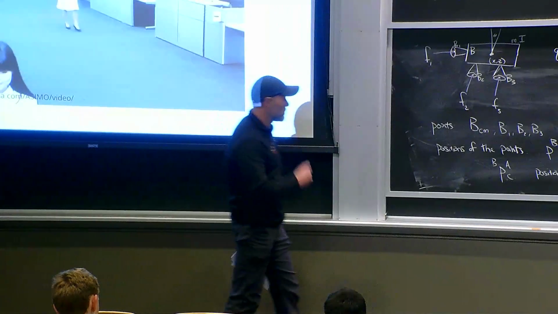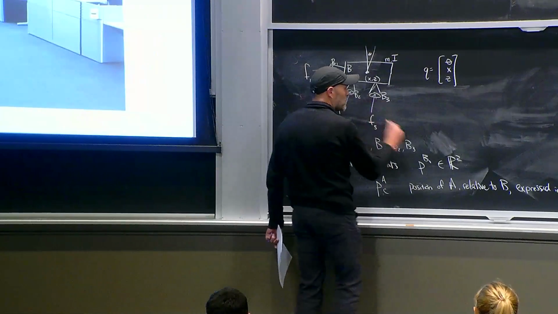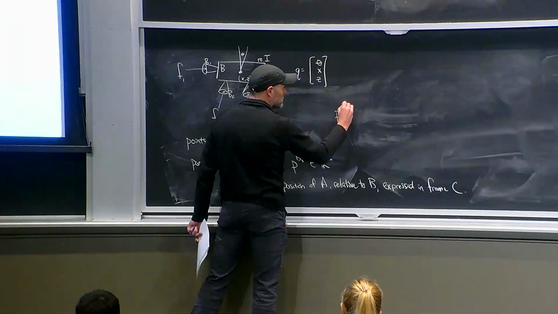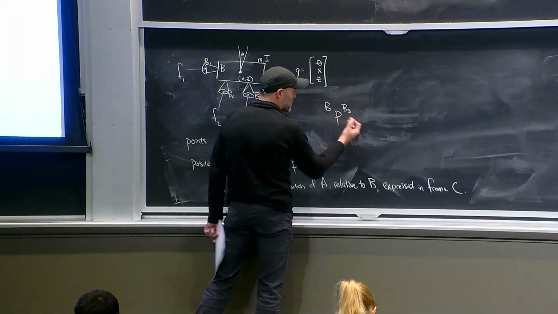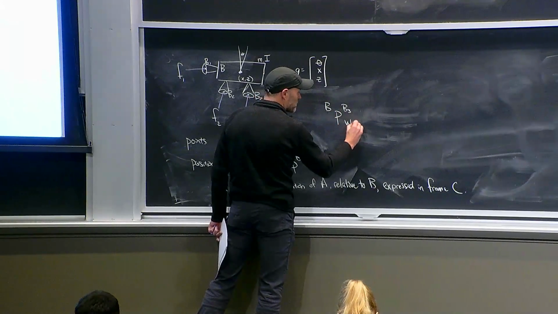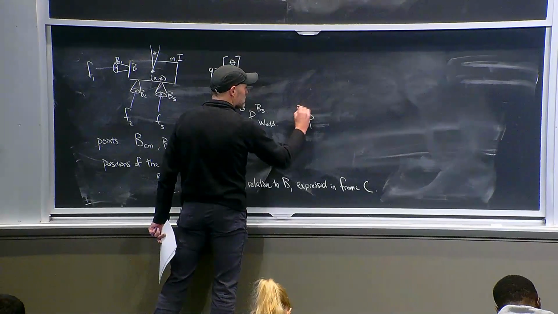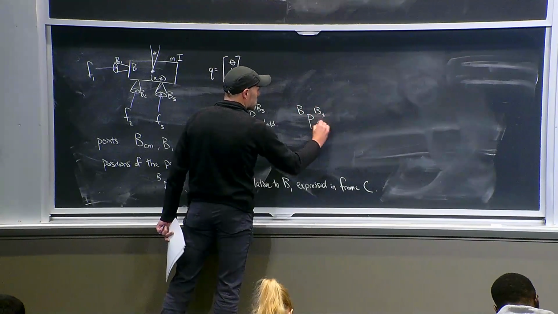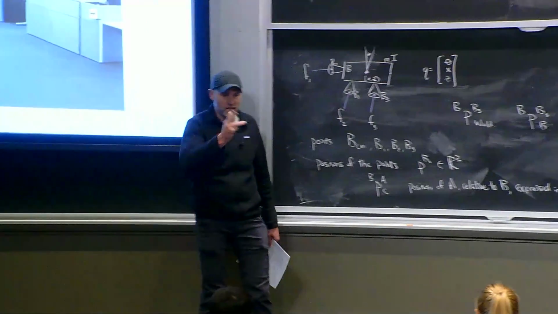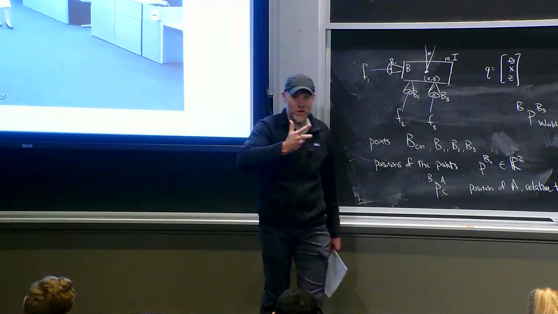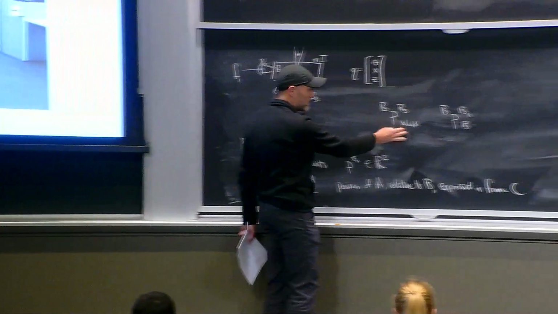Okay, so this would be, for instance, if I were to write the position of B3 relative to the body, I could express that in a world frame, let's say, or I could express that in a body frame. And those are just different choices of how I define which direction's up, which direction's associated with X, which is associated with Z, for instance.